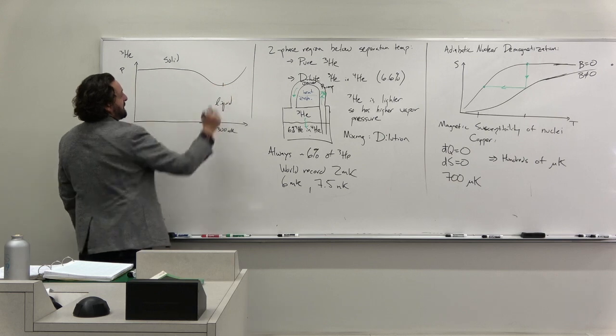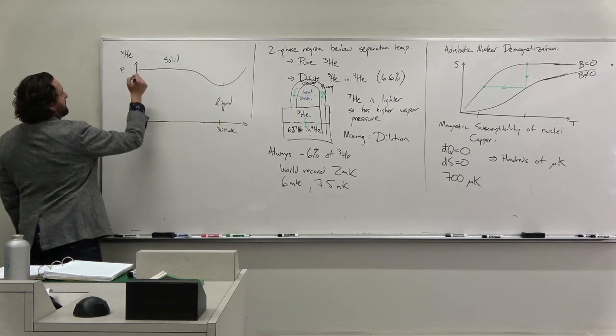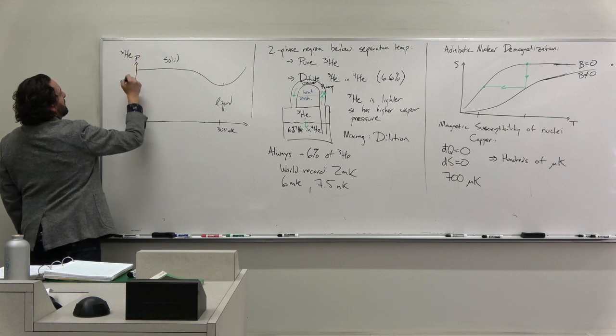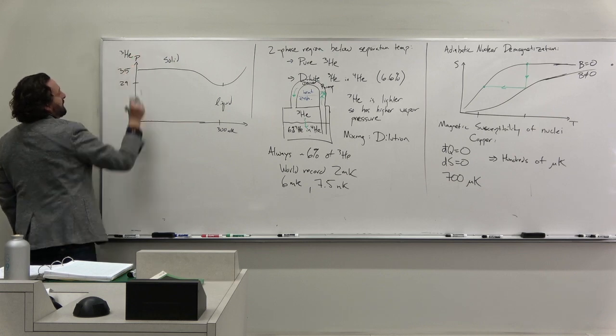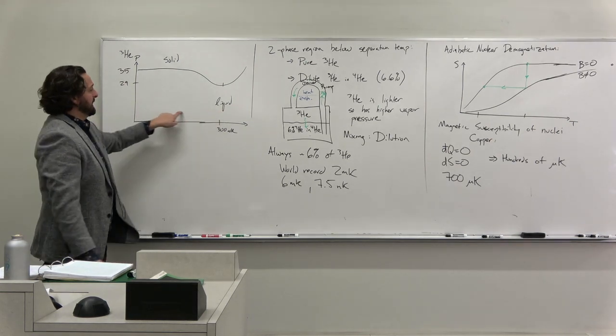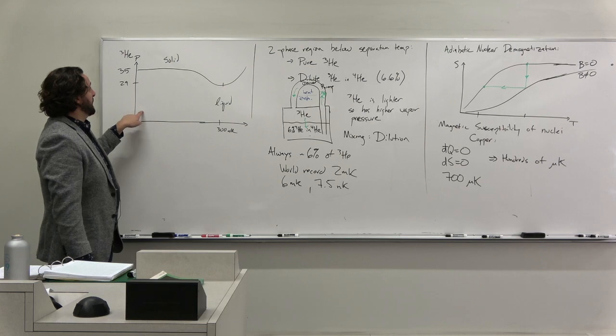There's this funny minimum in the melting curve. This is 29 bar that occurs at 29.3. This is at 35 bar. So you can already see there's something really interesting about this. It stays a liquid all the way to 0 temperature.